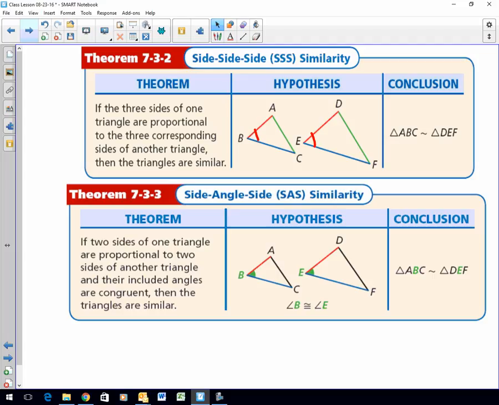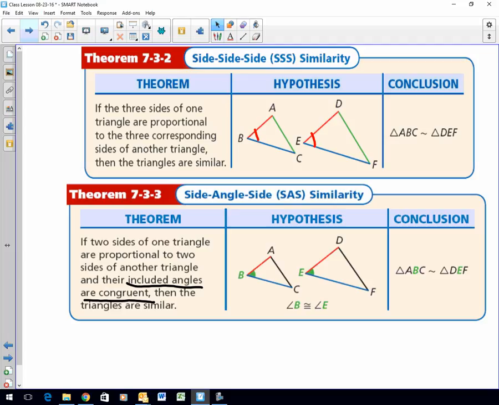Down here in our side-angle-side similarity theorem, it says an included angle being congruent. That word included means between: the angle between the proportional sides.